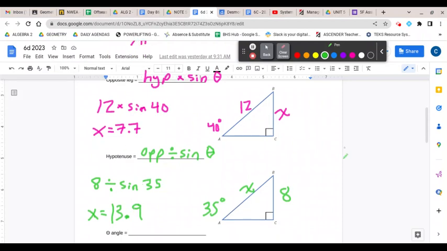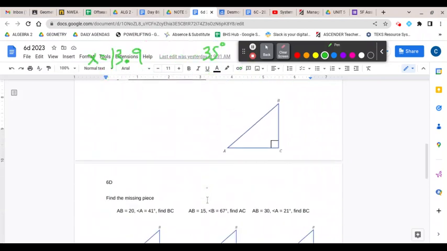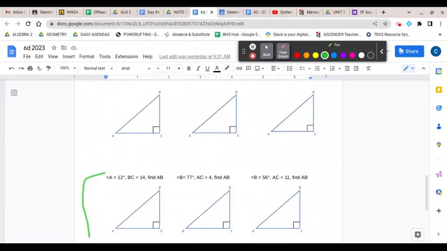This rule you're going to use with these three problems here, because in these three problems we're all looking for AB, which is the hypotenuse.